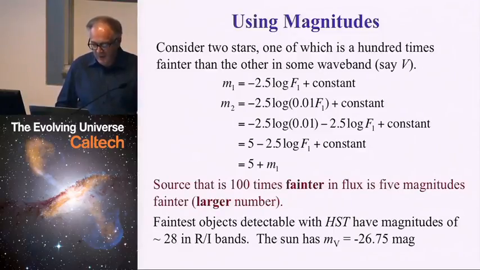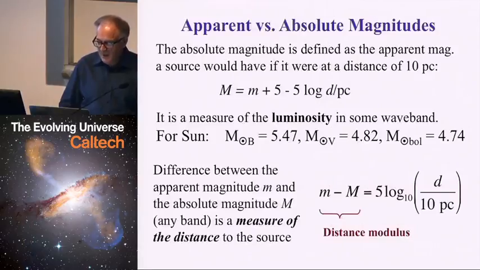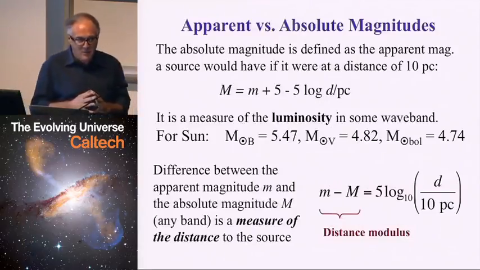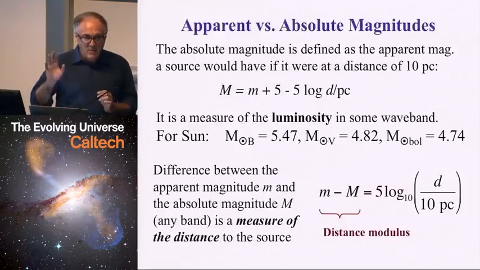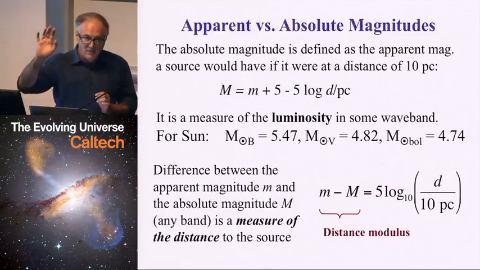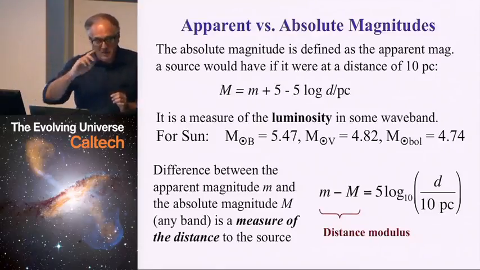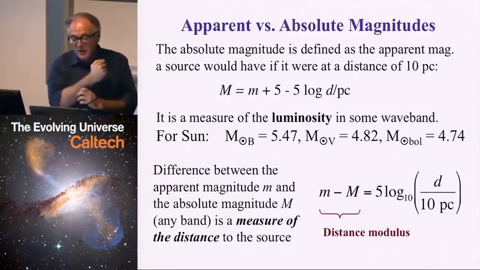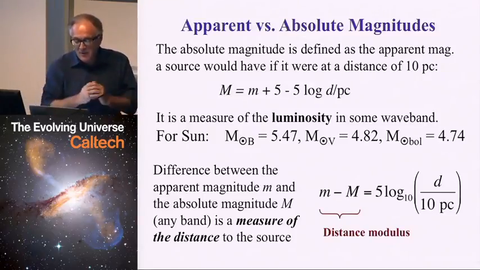Okay, now let's make life a little more complicated. Introduce the absolute magnitude, which is now a measure of luminosity, not flux. Magnitude is a measurement of flux. It doesn't tell you how far something is. It's just how bright it appears to you. But you'd really like to know how luminous things are, so therefore you need to know how far they are, and use the Stefan-Boltzmann formula and all that.